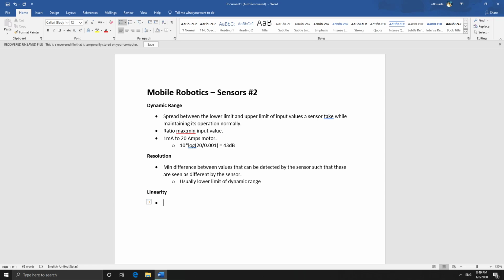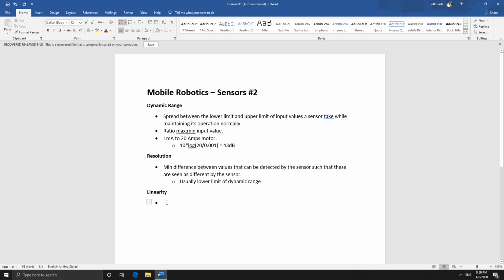For instance, the sensor output signals may be erratic. They may have a massive increase for a certain increase in input, and then a smaller increase for the same increase in input. That's why we want to keep the output linear, so it's easier to work with the output.